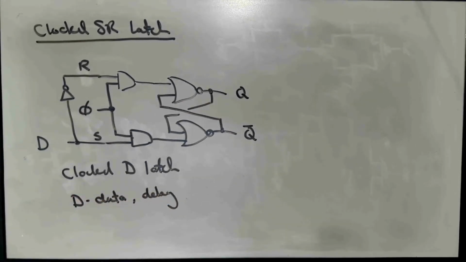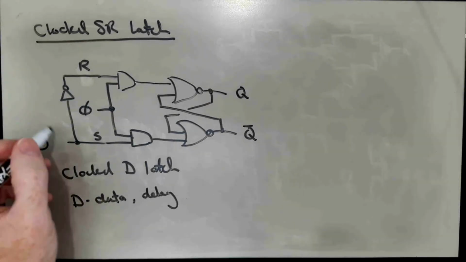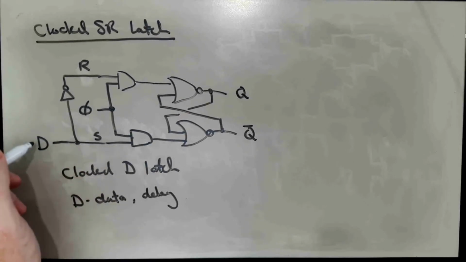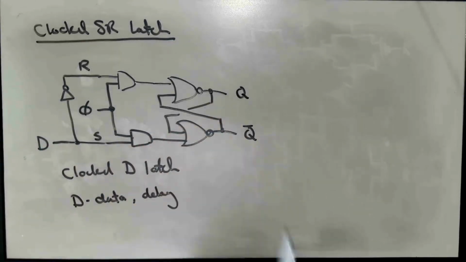So in a digital signal processing context, we often will use these kind of circuits to implement a 1 clock cycle delay. But it's also the case that D could stand for data, because the binary value that we're writing in to the latch is D. So D becomes Q when the clock signal is high in this case.